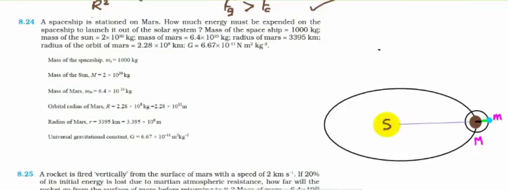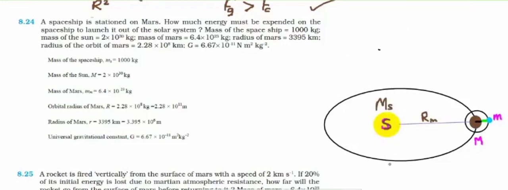So we have the Sun, then the radius of the orbit of Mars, and from there we have the spaceship of mass small m. We can take Ms as the mass of the Sun.